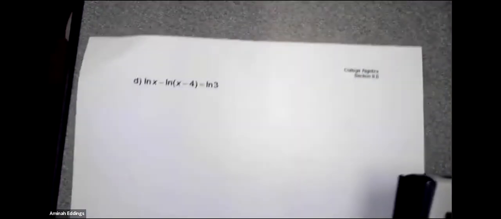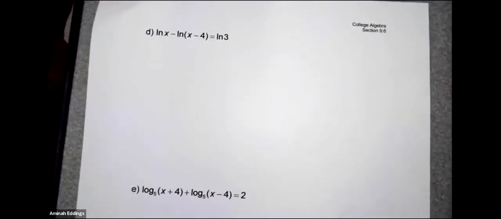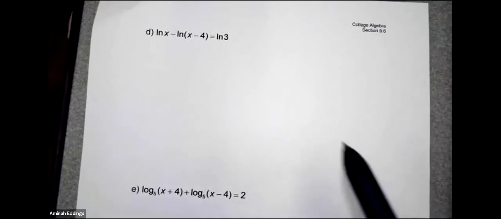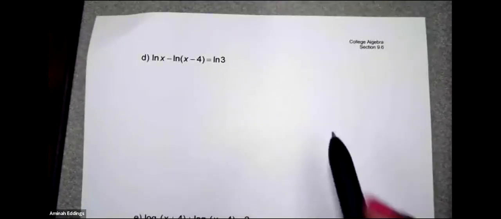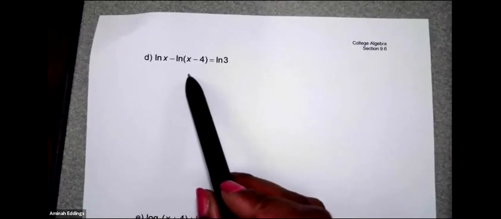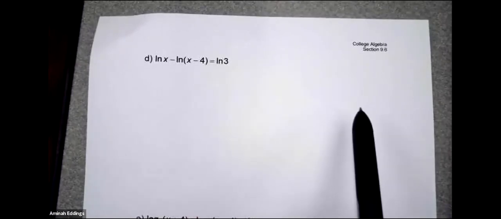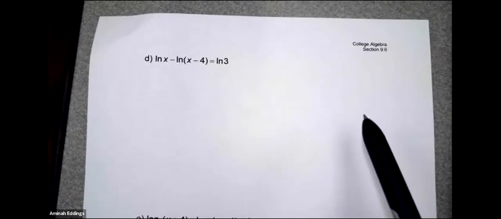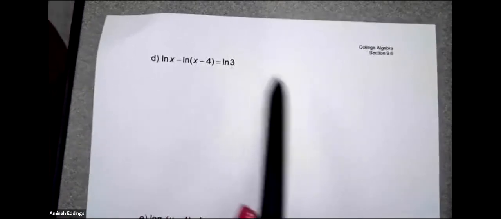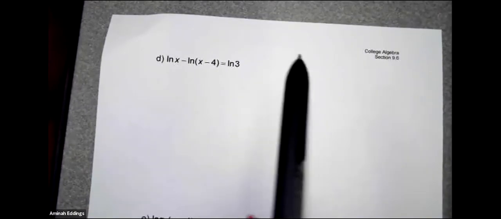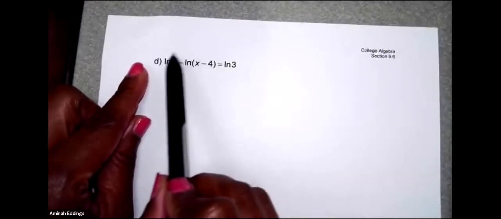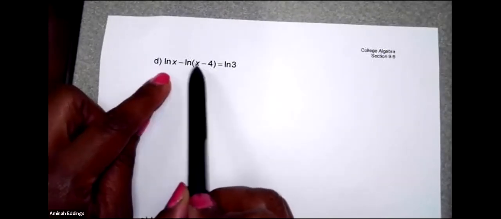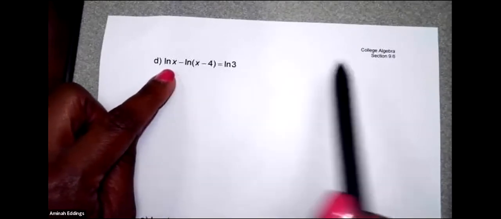All right, example D. Natural log of x minus the natural log of x minus 4 equals the natural log of 3. So we have logs on both sides. So the first thing that we want to do is combine these logs here. So we see subtraction.